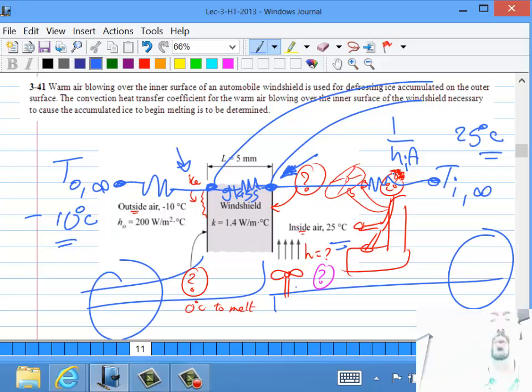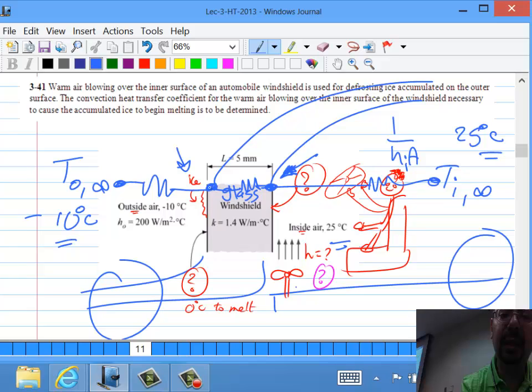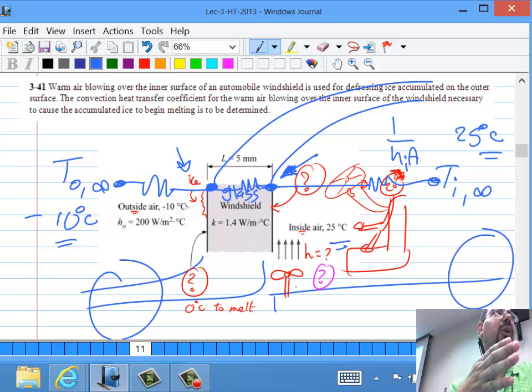And what do you think the temperature is on the outside surface of the glass? Give me a number that makes sense too. 2 degrees Celsius. So Jose is saying 2 because he didn't go all the way to minus 10, since he realized there is a resistance in between, 1 over HA, with whatever that H outside is.